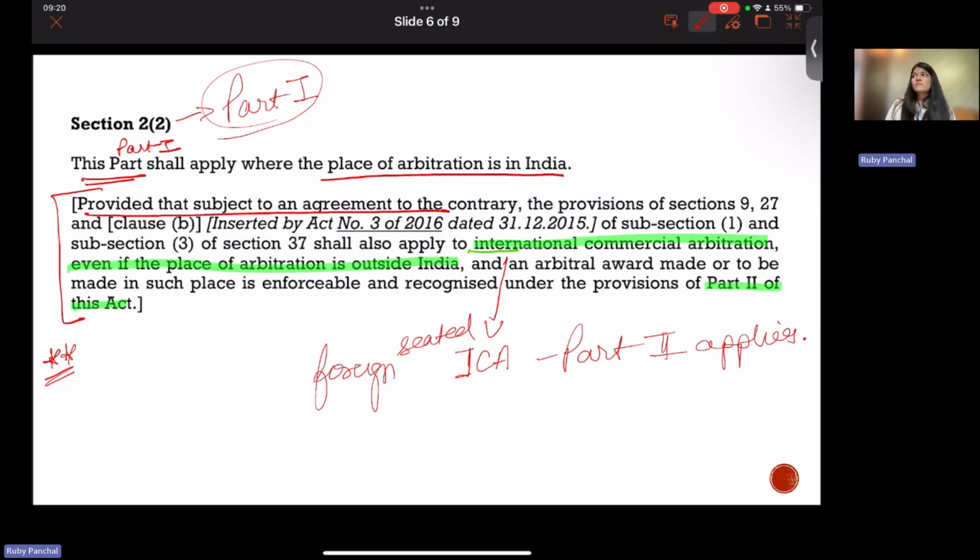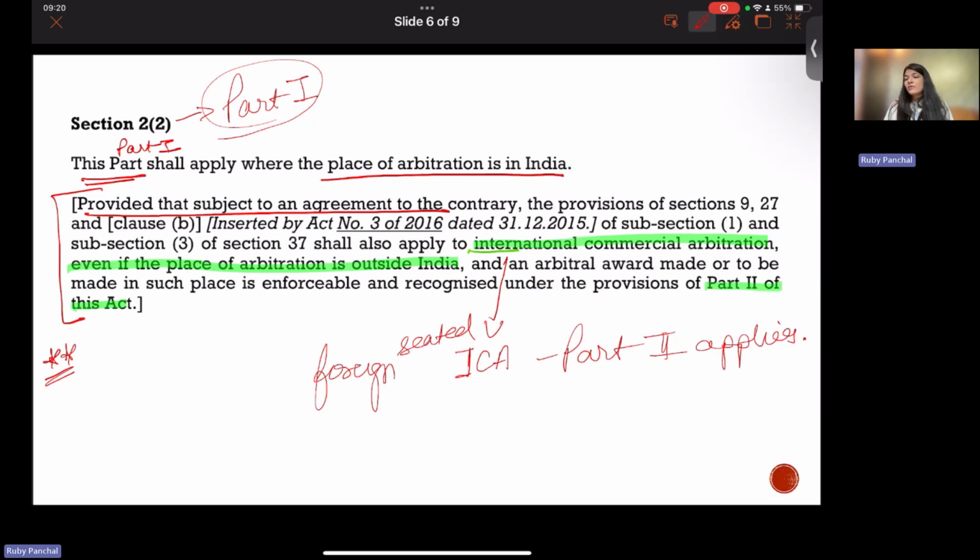The portion of Part 2 which brings in the New York Convention text comes from a place-centric point of view. So now, when this proviso says international commercial arbitration under Part 2, we need to define international commercial arbitration.